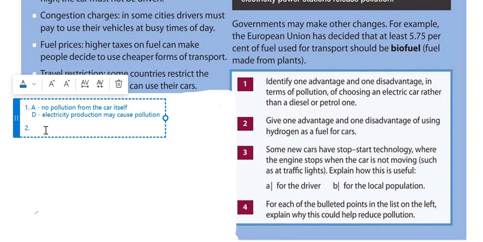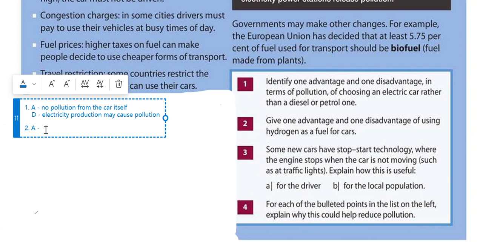Question 2. For the second question they are telling us to write an advantage and a disadvantage of using hydrogen as a fuel for cars. What is the advantage of using hydrogen as a fuel?